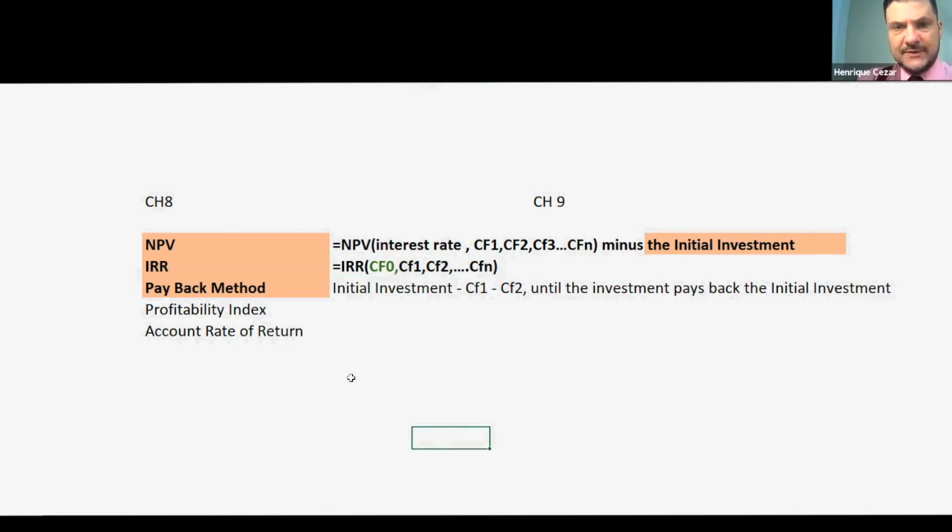For example, okay? I'm going to explain during chapter 9. I'm going to give you a more comprehensive example, and then you're going to see this again, but I want to address that question. So just to finish here, profitability index and accounting rate of return, okay? I gave you a lecture last class, but that's not something that I will focus much on the next exam, okay?